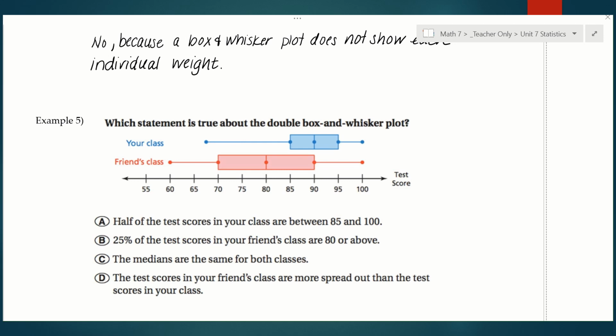Okay, so if I'm looking at your class, 85 to 100, it's right there, and they're saying half of them, and that's not true. That actually includes 3 sections, which would be 75%, not half, not 50%. So if they had said 75%, we'd be choosing that answer.